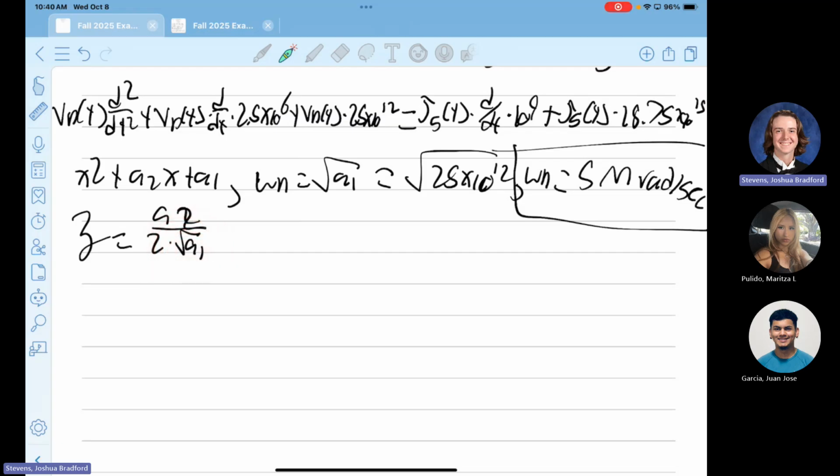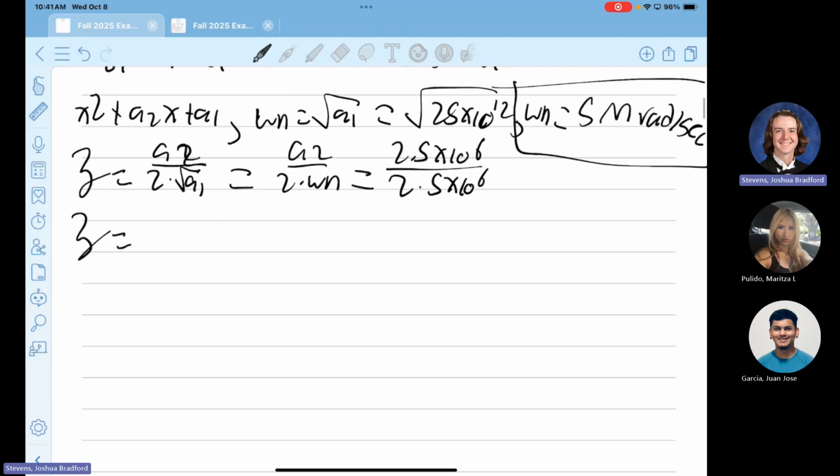Square root of A1. As in, what is the variable we found with that? Bingo. So this is literally just A2 over 2 times omega n. And so that just becomes 2.5 times 10 to the 6th over 2 times 5 times 10 to the 6th. Put that in, you get 0.25.